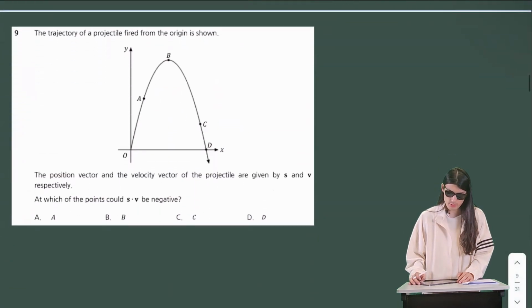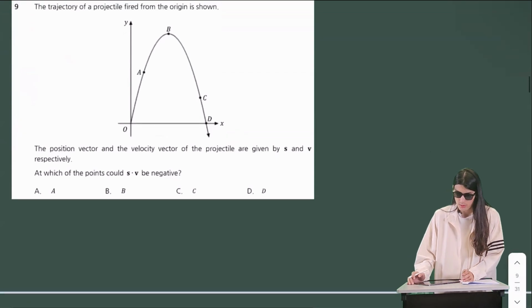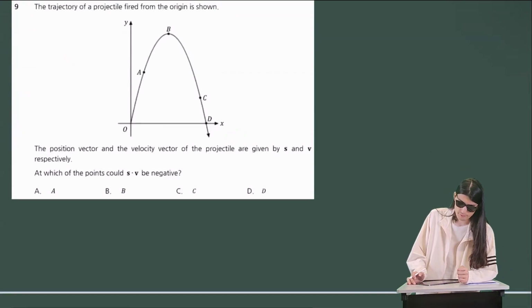Moving on to question number 9. Trajectory of a projectile fired from the origin. The position vector and the velocity vector are given by s and v respectively. At which point could s dot v be negative?